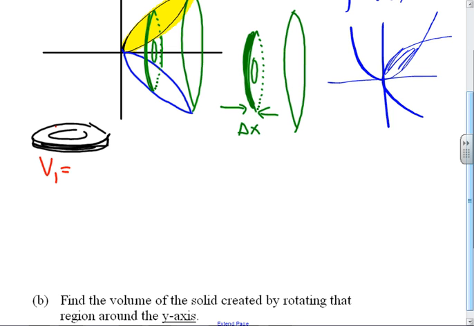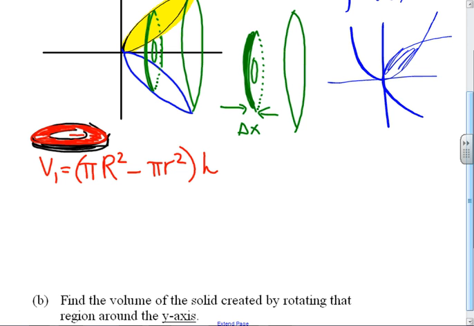It's the area of the base, so it's the big radius. I need to make a hole there, so it's pi, big radius squared, minus the little radius, I'll call that little r squared, and this is h, the thickness.